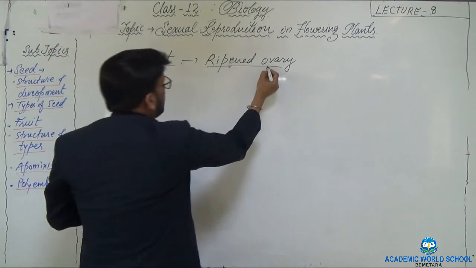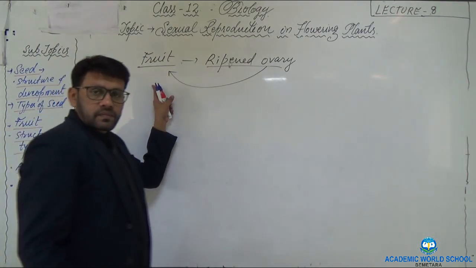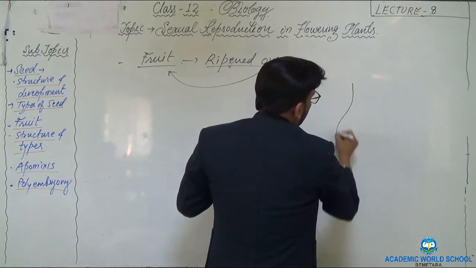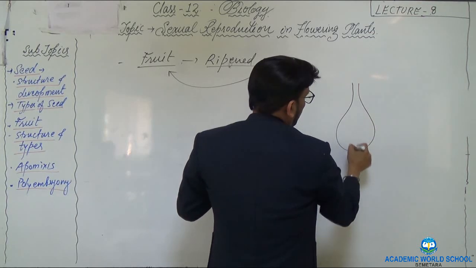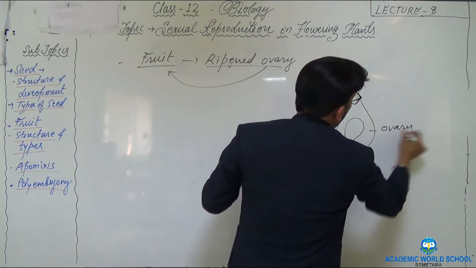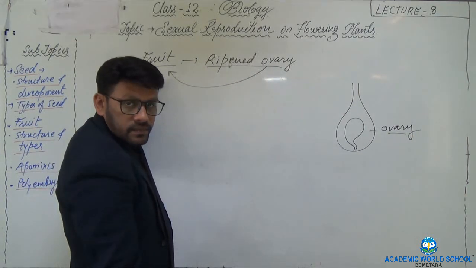So what can we say? The ovary changes into the fruit. What is ovary? If you see the structure, the basal swollen part which has the ovule. So this is the ovary that changes into the fruit.